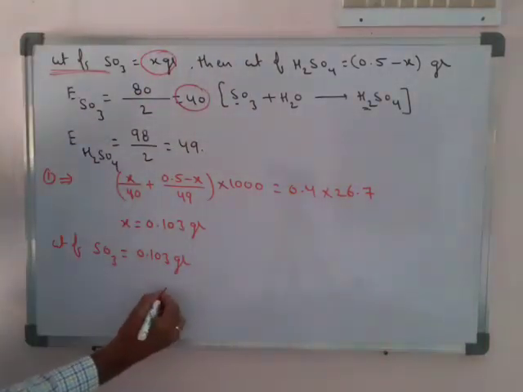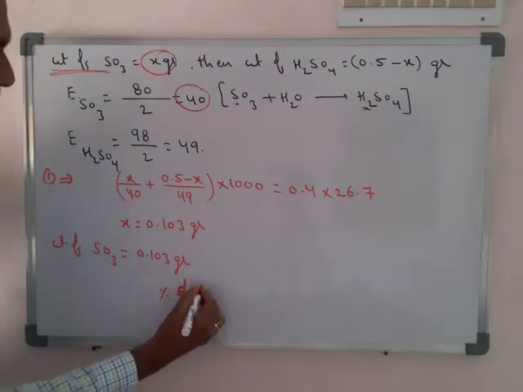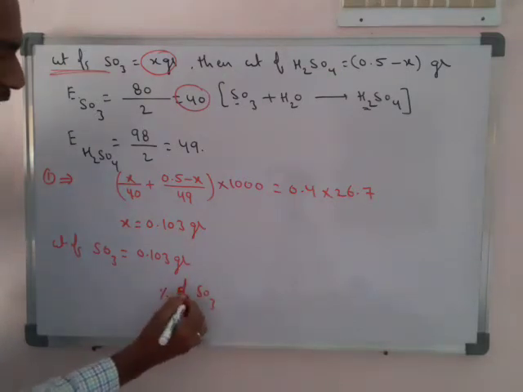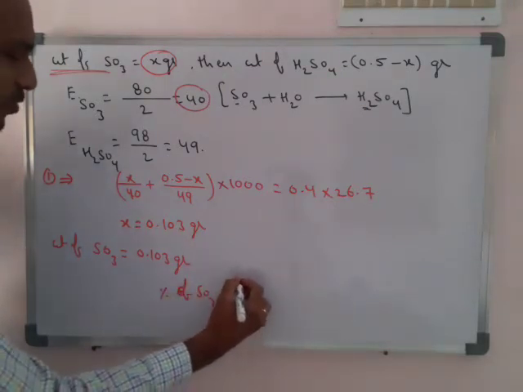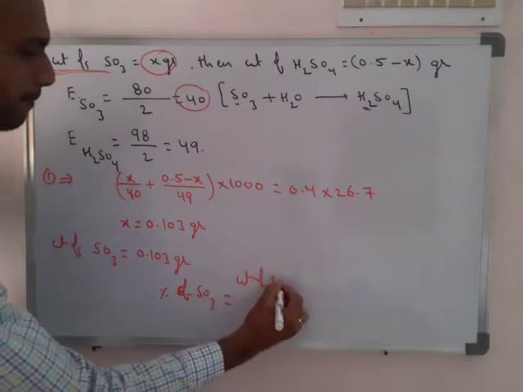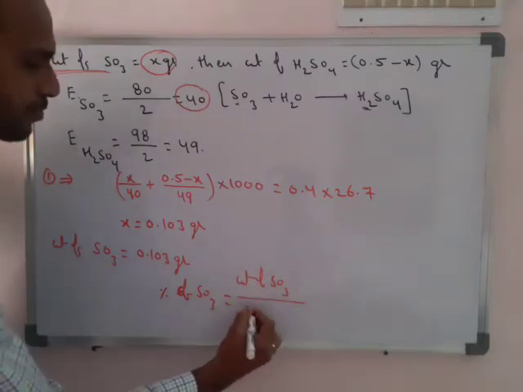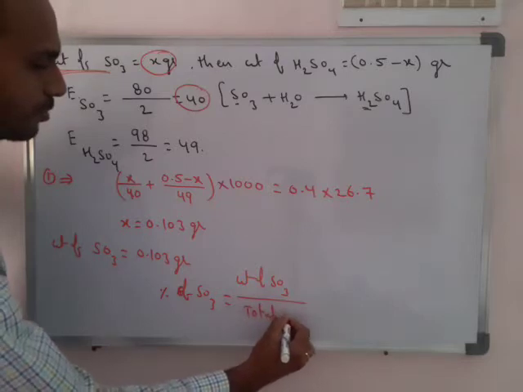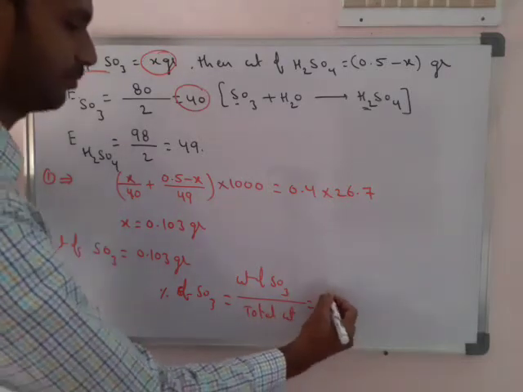సో పర్సంటేజ్ నార్మల్ మోడల్. సో పర్సంటేజ్ ఆఫ్ SO3 is equal to weight of SO3 by total weight.